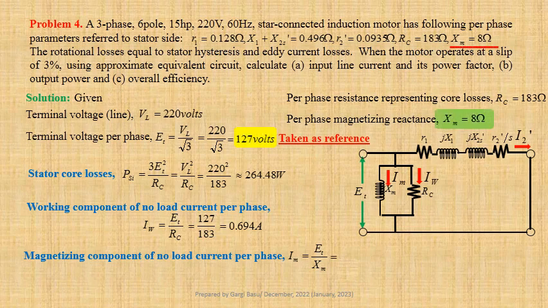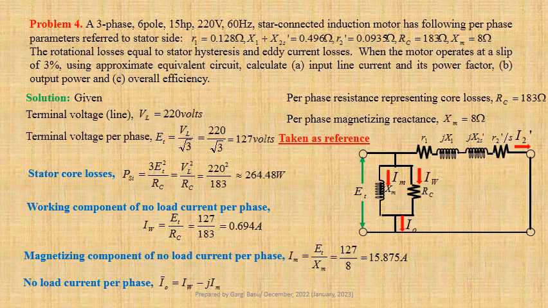Therefore, Im equals 127 divided by 8, that is equal to 15.875 ampere. Expression for no load current per phase I0 equals IW minus J times Im, that is equal to 0.694 minus J times 15.875 ampere.